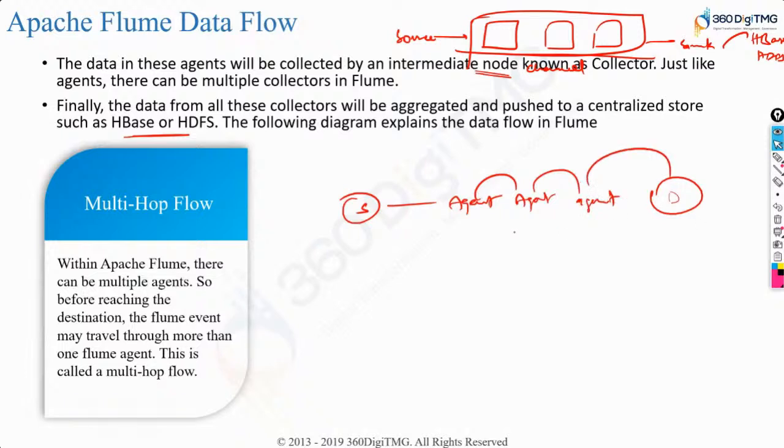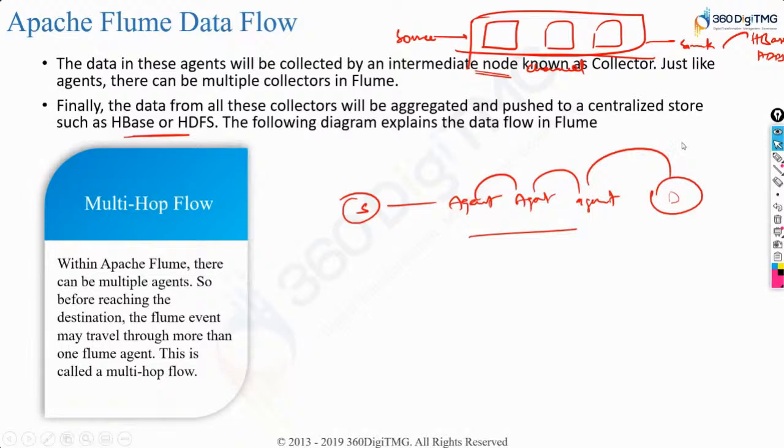Or you can also have one agent, that is also possible. If it is hopping between multiple agents before going to the final destination, this flow is called multi-hop flow. That's multi-hop.